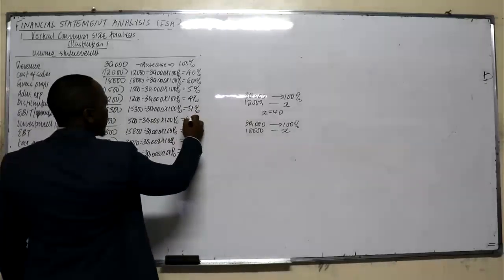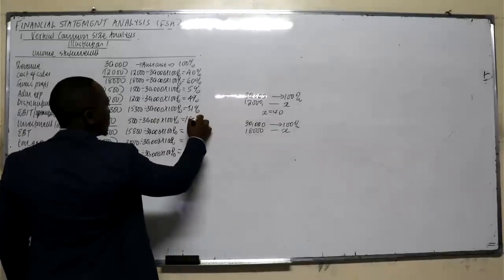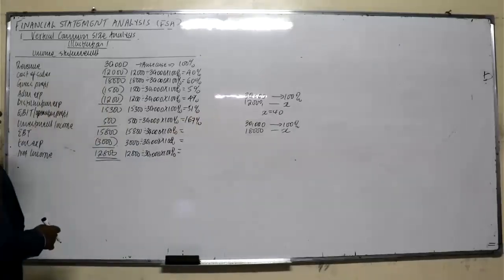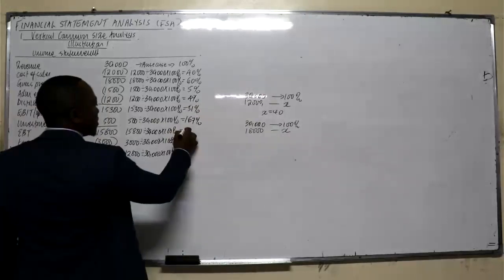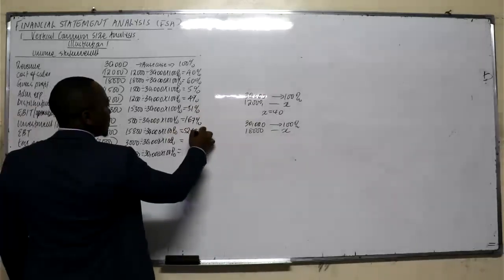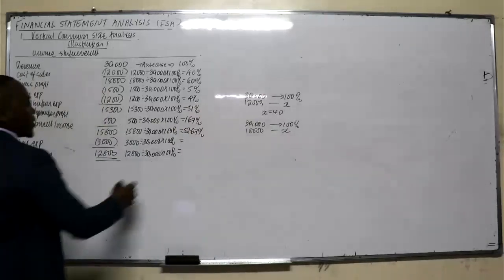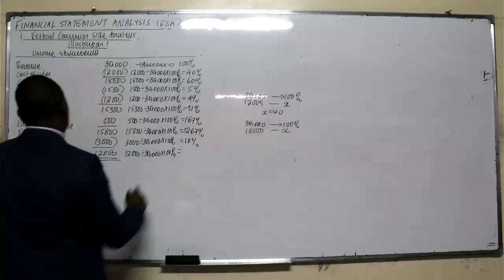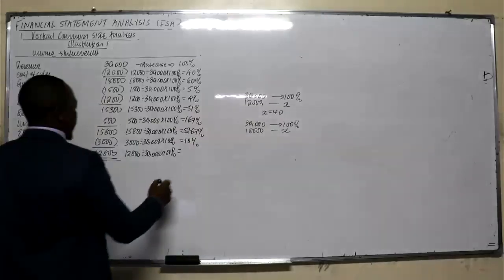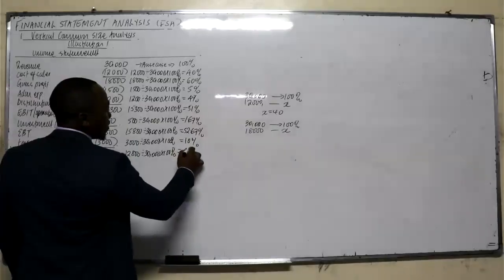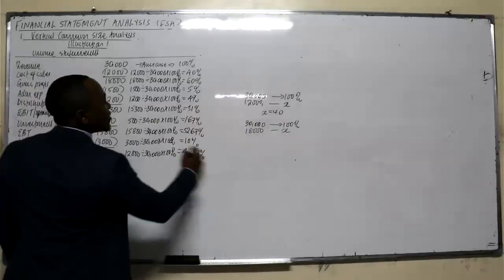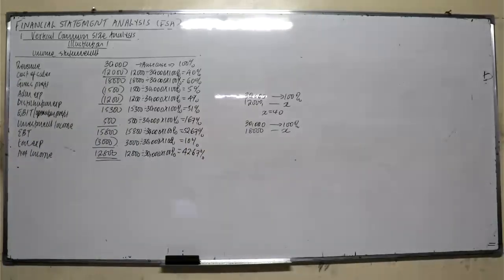Give me 2 decimal places. 52.67%. This must be 10%. Last 3. 40.67%. Good.